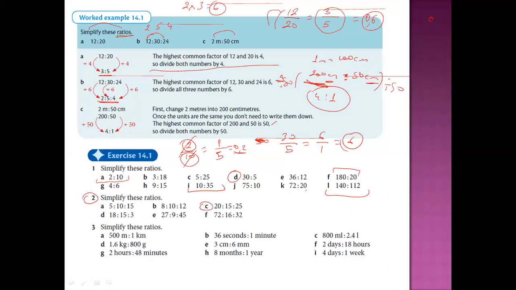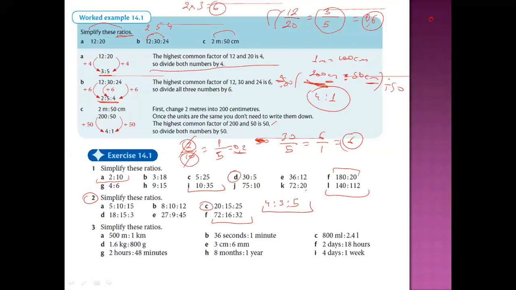And the second question, simplify these ratios. For example, I want to do C1, 20, 15, and 25. What is the highest common factor? It's 5. When you divide by 5, it is 4, 3, and 5. The ratio is 4 to 3 to 5. And for example, the last one, F, what is the highest common factor?